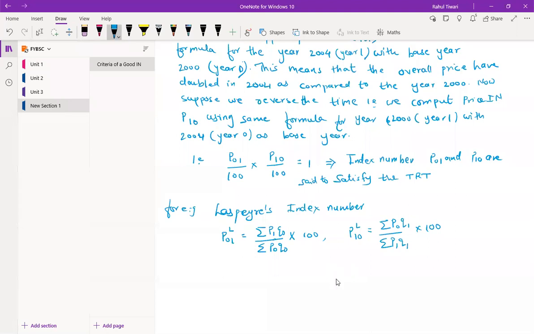Now, does the Laspeyres price index number satisfy TRT or not? This condition I want to check. Substitute in this condition.